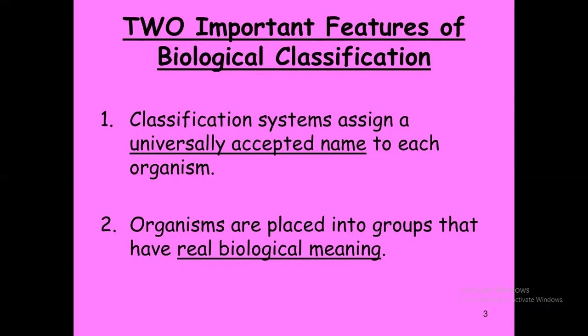These two important features give us the definition of biological classification as well, which is the process of grouping together various organisms according to their similarities, dissimilarities, and phylogenetic descent.